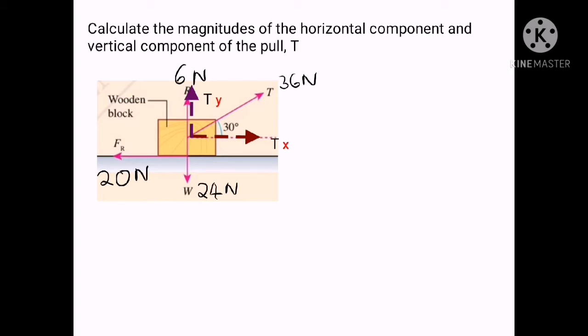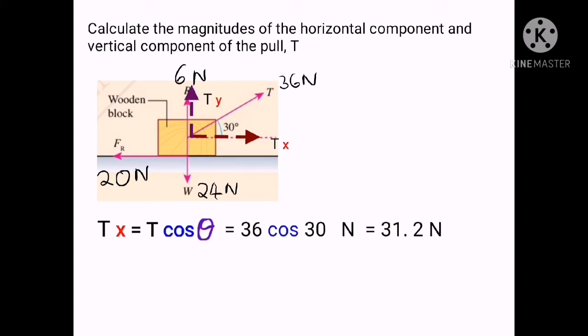The formula that we use to resolve Tx would be T cos theta. Again, my theta has to be in between my T and my Tx. So my Tx is equal to 36 cos 30 degree, and that is equal to 31.2 Newton.